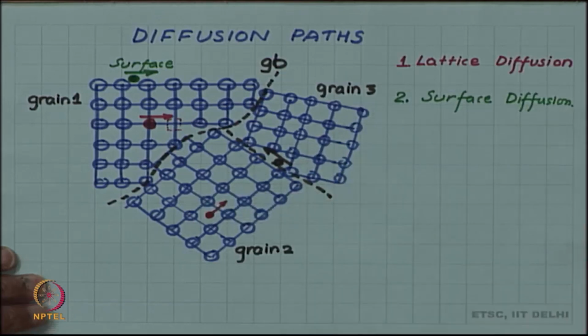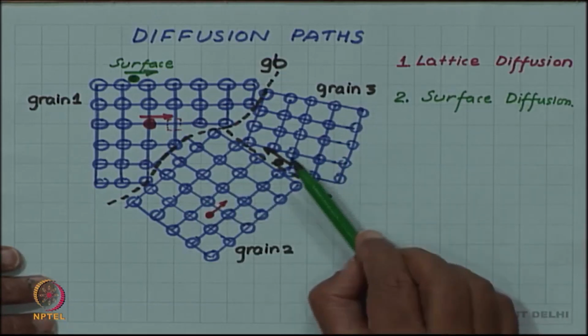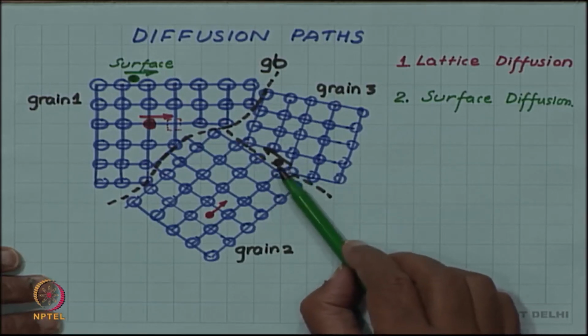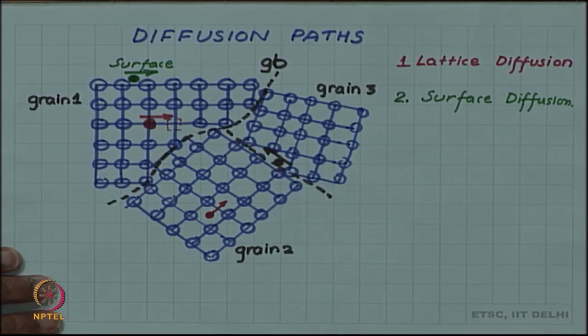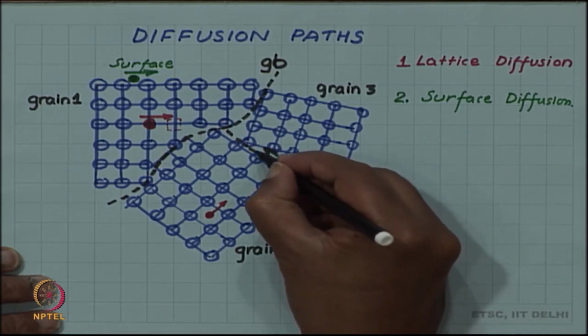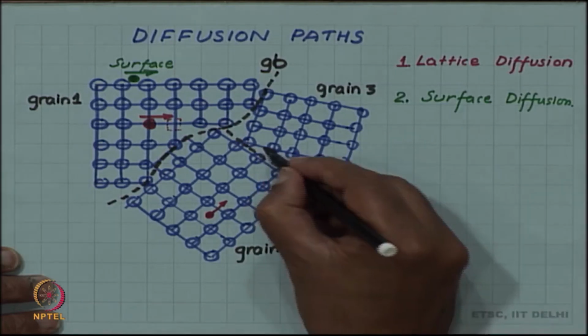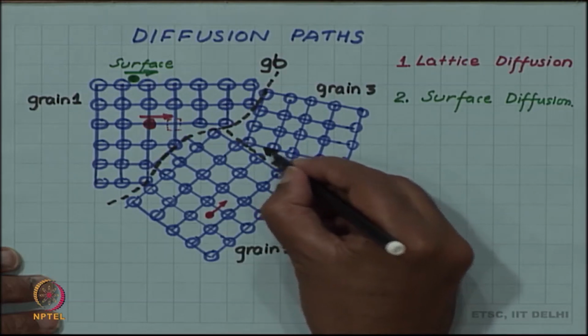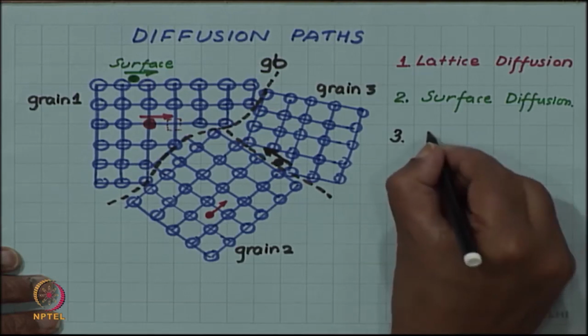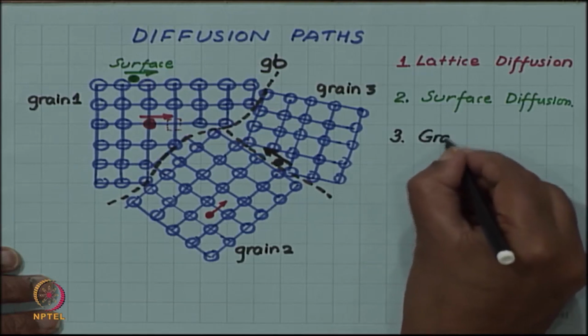An atom can sit in those open spaces. This black atom which I have shown here is sitting on the grain boundary, and it may jump from one grain boundary site to another grain boundary site, marked by this black arrow. So, this will be grain boundary diffusion.